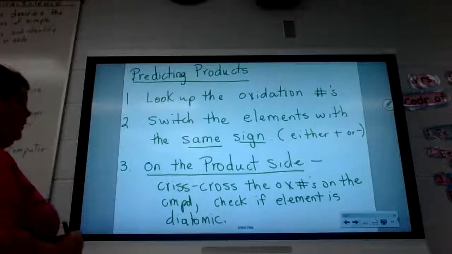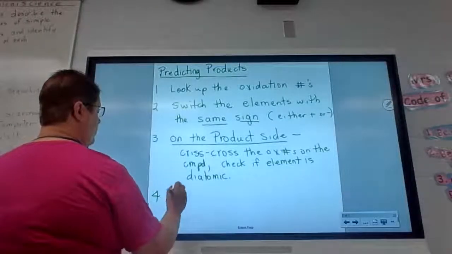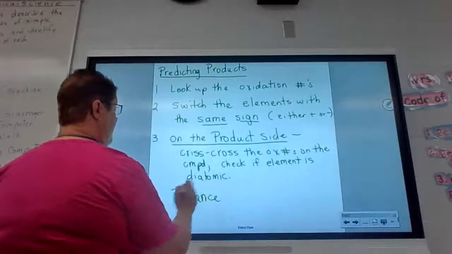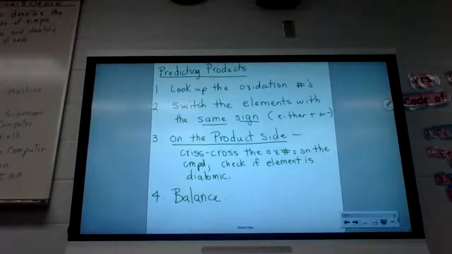So we talked about that yesterday. And number 4, balance. And I wrote balance only because we've said all equations have to be balanced. Okay? But those are essentially the 3 steps, 1, 2, and 3.